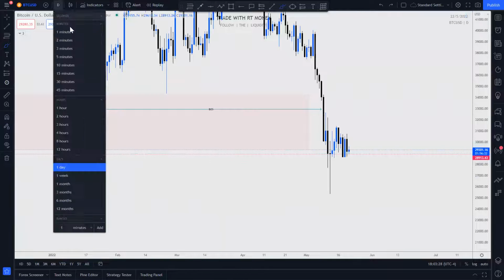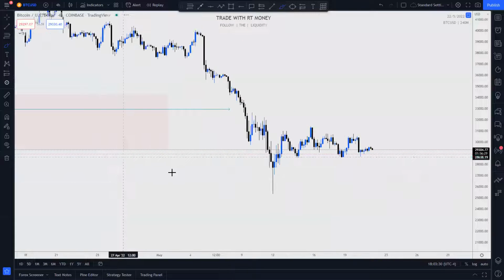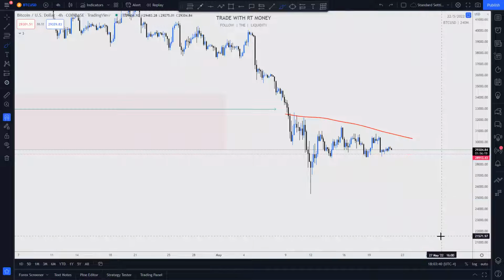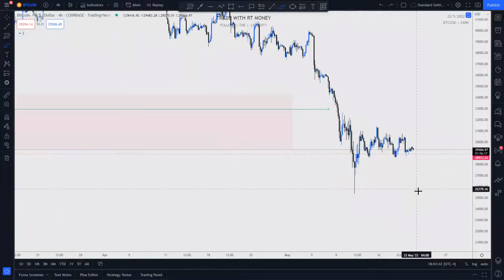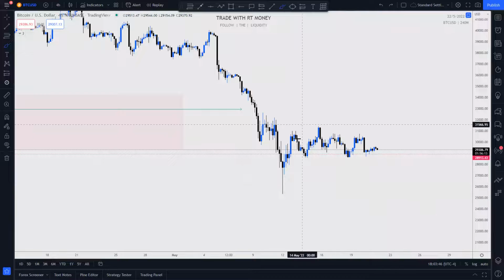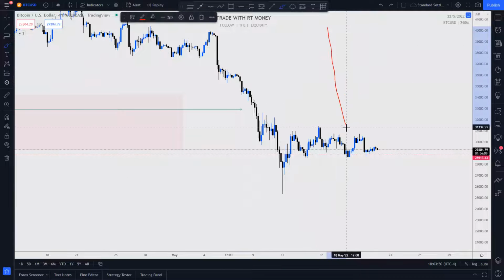Let's look at the 4 hour, and what we can see is a bearish pennant here, looking like it's ready to complete the formation. When price forms this way, this is a bearish pattern.